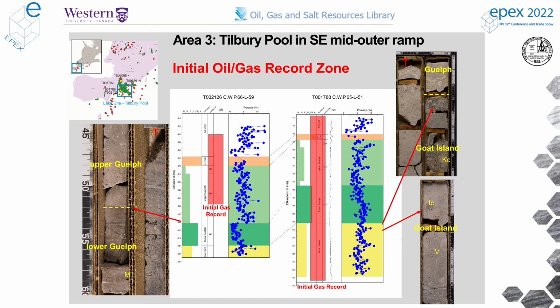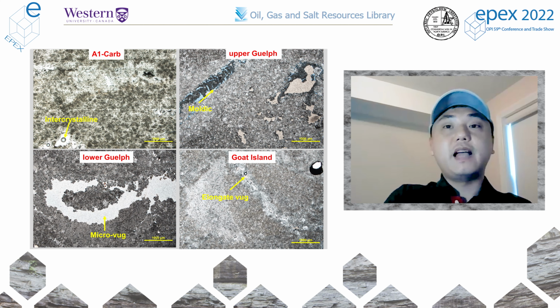Those karstic chondrites are pretty evident near the top of the Gold Island formation, which marks a key unconformity. So in this area, the dolomites are finer crystalline compared to those in Northwest Area 3. The vugs and the moldic porosity are most common in Lockport, and the Gold Island formation displays enhanced porosity by dissolution.